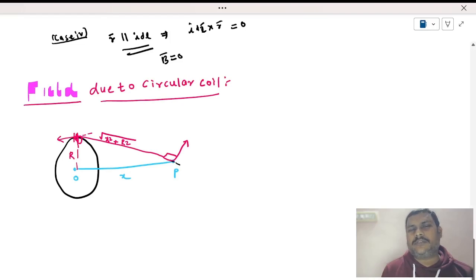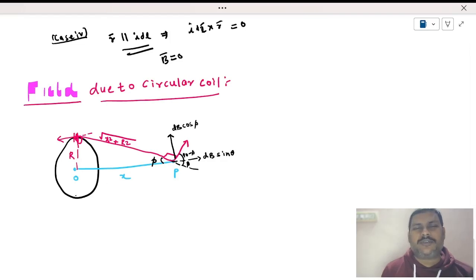Extending this, consider some angle phi, so this is also phi, and this is 90 minus phi. In one direction the component is dB sin phi, and in the other direction it is dB cos phi.